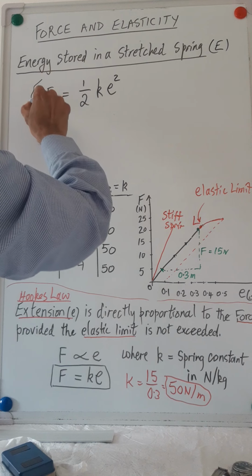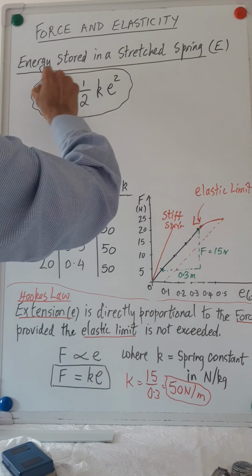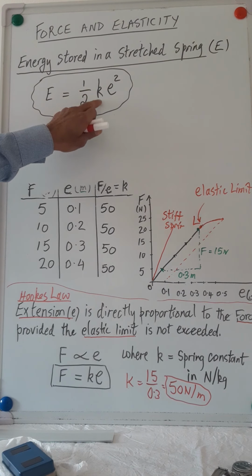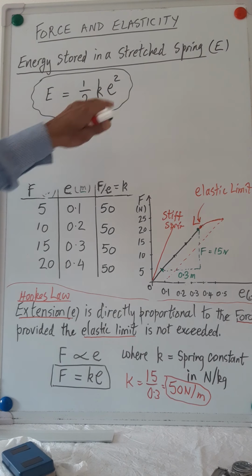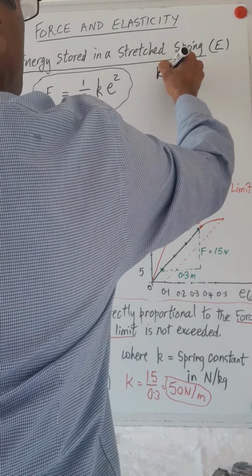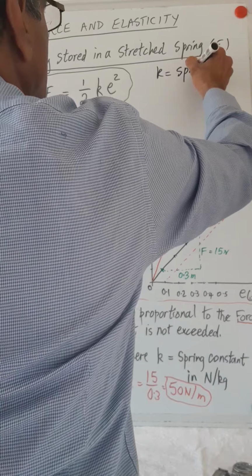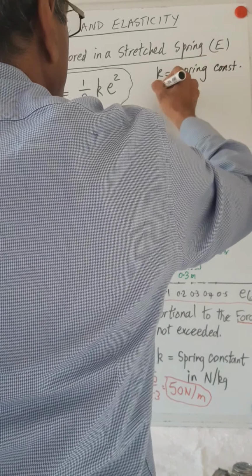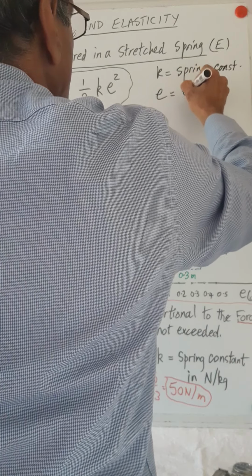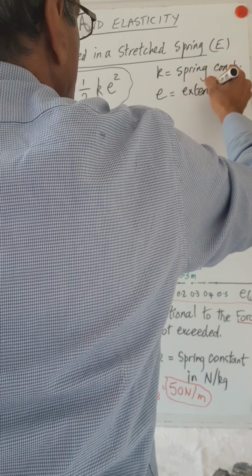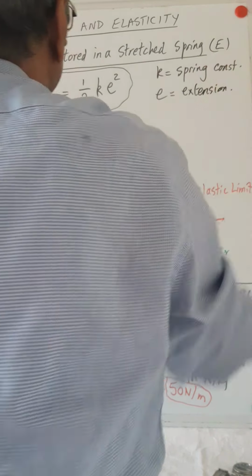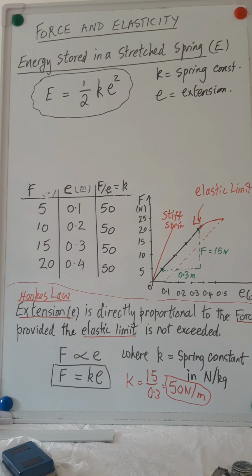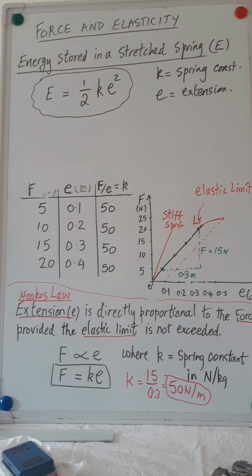You just need to know how to use this formula, where k is the spring constant, e is the extension. So energy is equal to half k e squared.